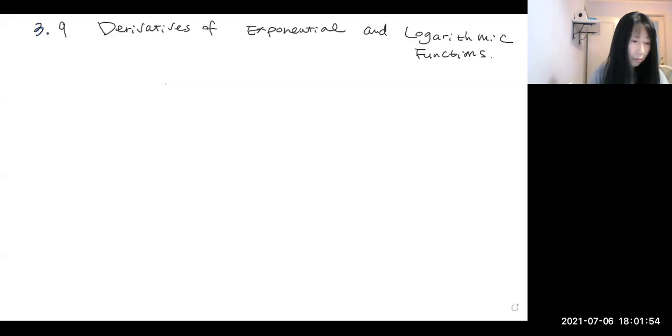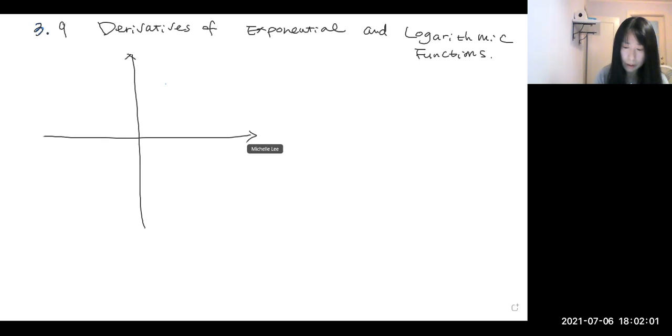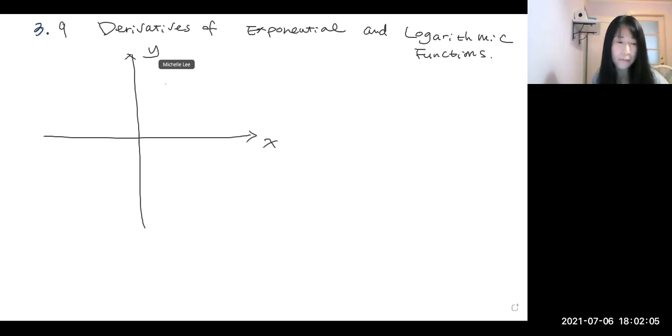Okay, so from pre-calculus, we have x, we have y, we have the exponential function, right?